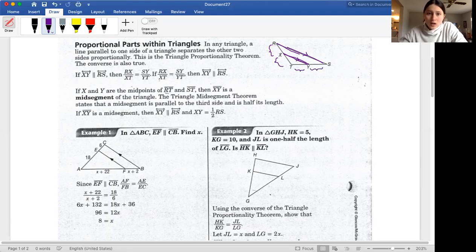So RX compared to XT is proportional to SY over YT, and you can kind of see that here.